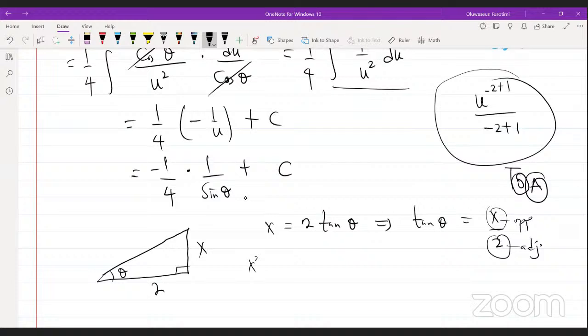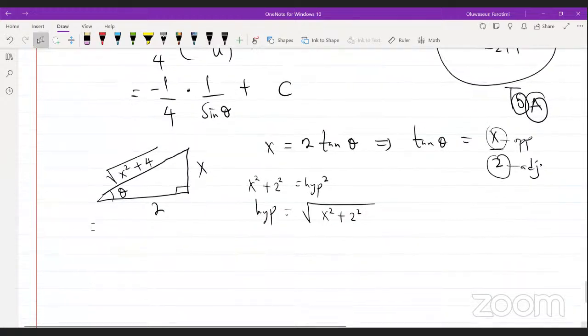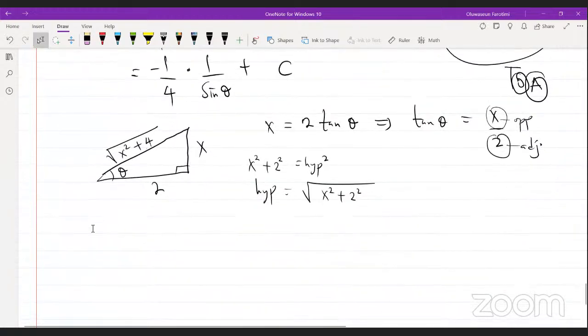The same way, use the Pythagorean theorem to find the hypotenuse. So you have x squared plus 2 squared equals the square of the hypotenuse. The hypotenuse is just going to be the square root of x squared plus 2 squared, right? And 2 squared is just what? It's 4. Makes sense, guys?